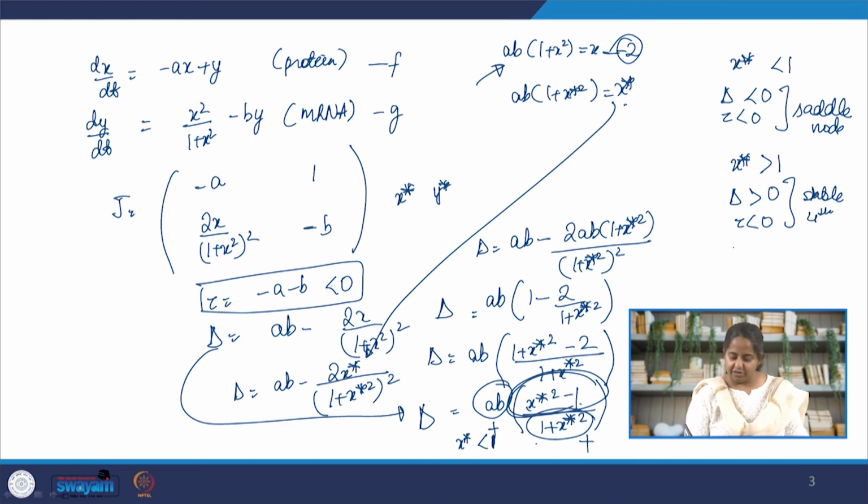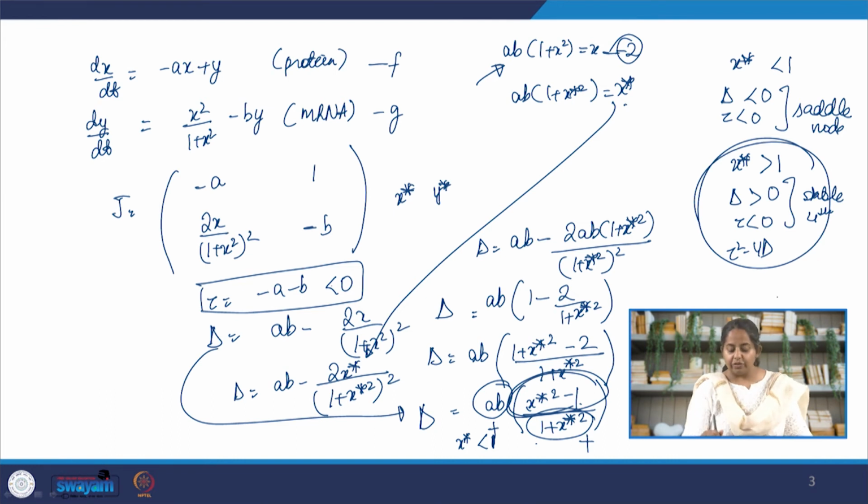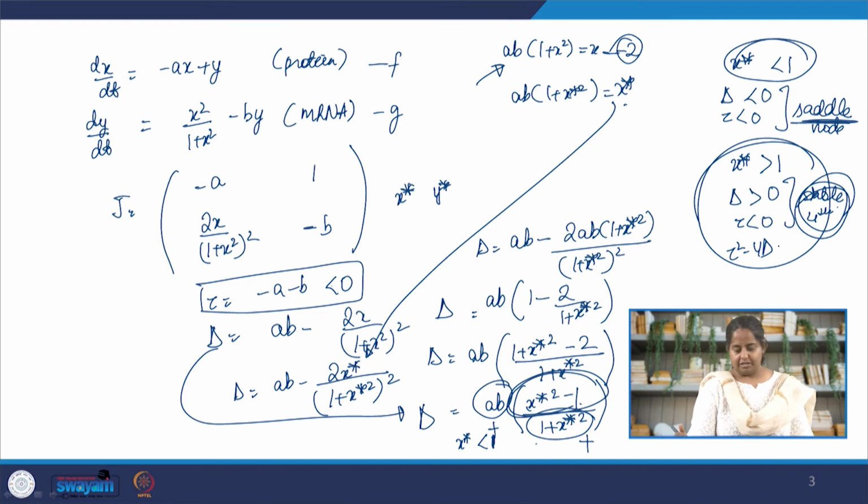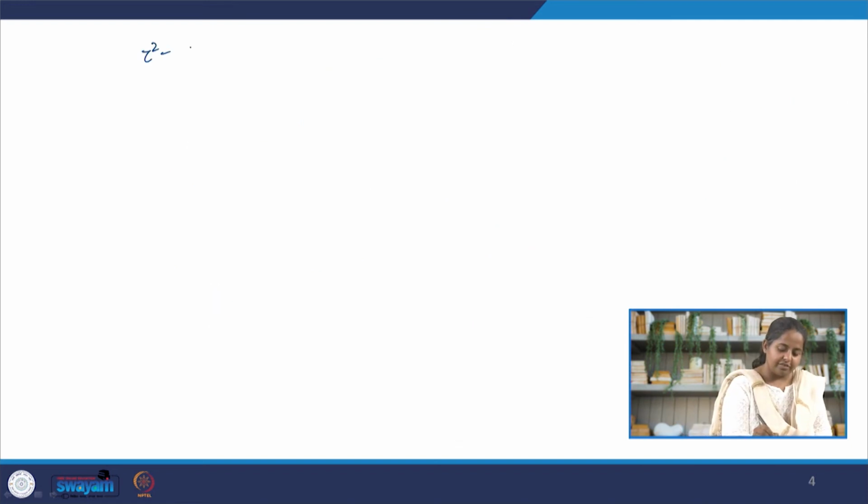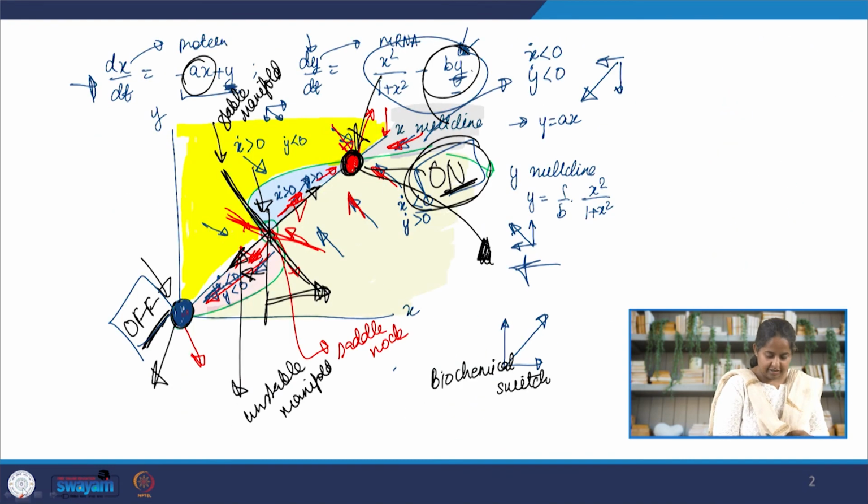For that, now we need to calculate tau square minus 4 delta when the fixed point is more than 1. Since we know we are going to have two fixed points, this is already telling us that the fixed point which is less than 1, the smaller fixed point, is going to be a saddle. The bigger fixed point is going to be stable something, a stable spiral or a stable node. We already know that the smaller fixed point of these two, not the 0, 0, is going to be a saddle.